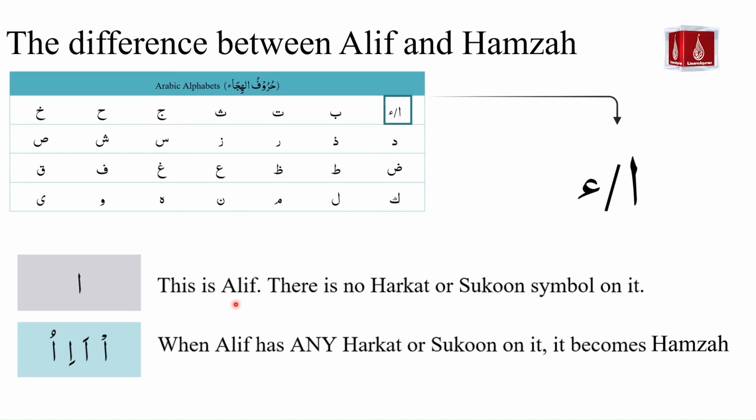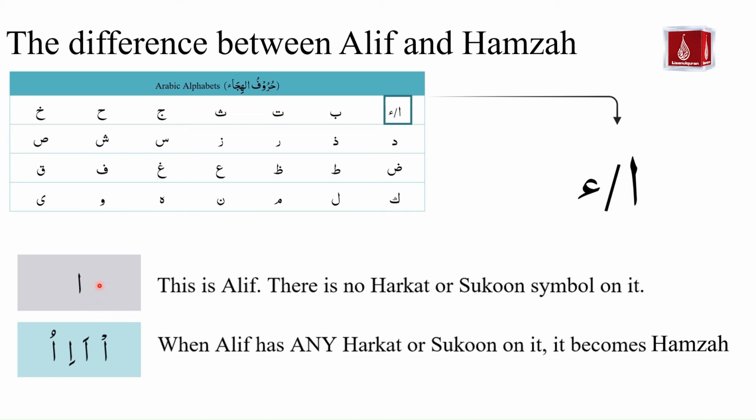In the case of Arabic, this symbol by itself is called Alif. The definition of Alif is that there will be no harakat or no sukun symbol associated with it. The moment Alif has any harakat on it, such as pesh, zair, zabar, or any sukun on it, it becomes Hamza. Once again, in the top example, this is Alif.